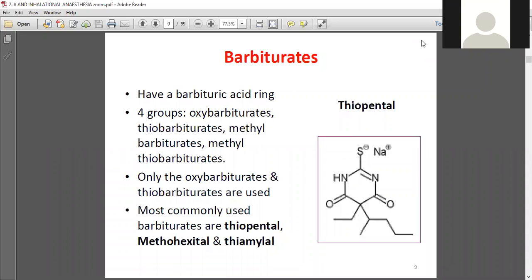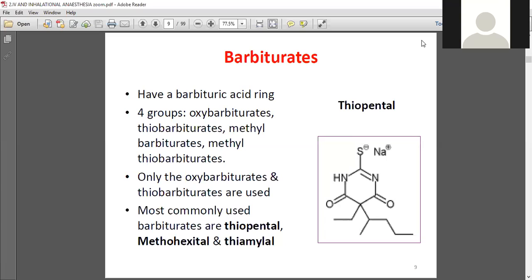So we have barbiturates. Barbiturates have a barbituric acid ring. I tried to get images of that ring, but this is what I could get. Remember our benzene rings, where you don't see anything, we have carbon atoms. Then you're supposed to have 3 oxygen atoms attached, plus 2 NH groups. What's NH?